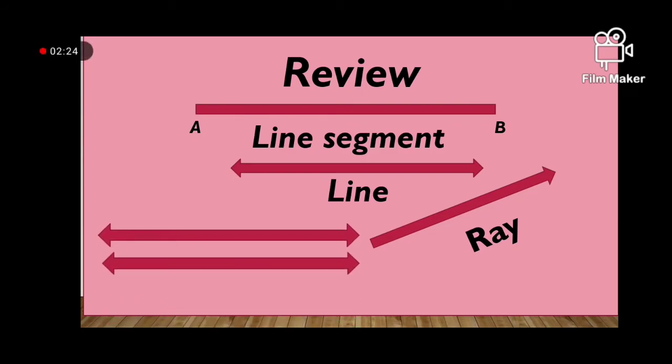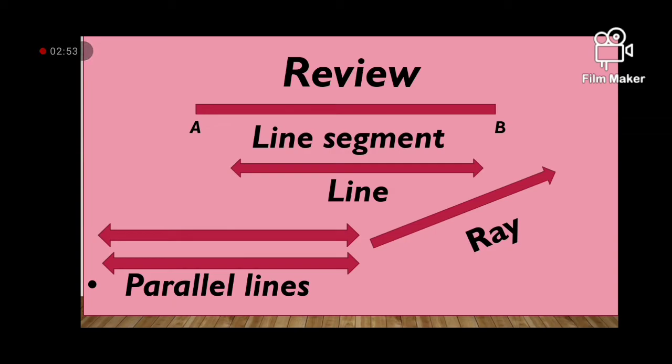There are two lines here, and these two lines have the same distance between them at any point. What type of lines are these? These lines are called parallel lines. Why are they called parallel?